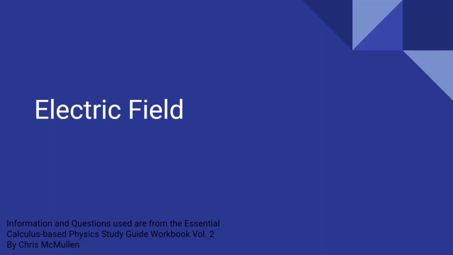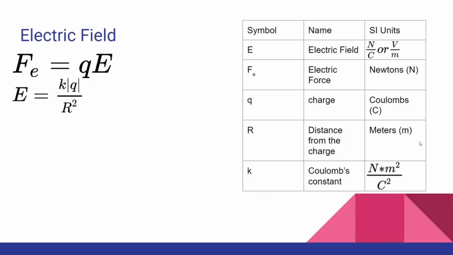As always, all information and questions are from the Essential Calculus-Based Physics Study Guide Workbook, Volume 2 by Chris McMullen. So to start, we will be discussing the electric field. The electric field can be described as the area around a point-like charge to where the electric force is applied.